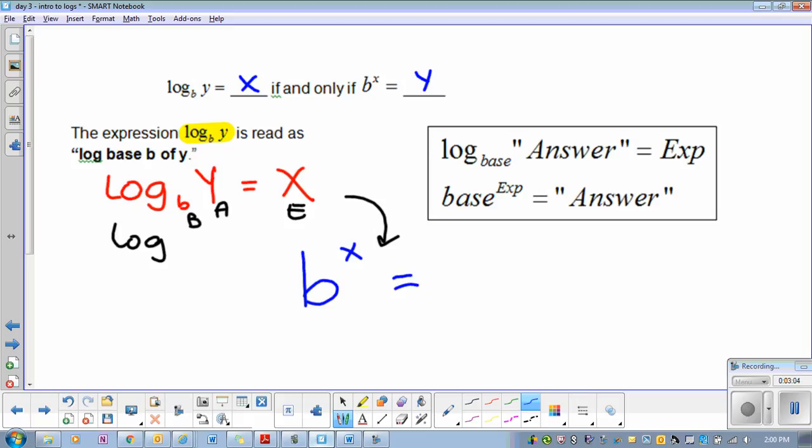Y. If it says log, it has to have the B-A-E, and then when you rewrite it, you're just switching them around.